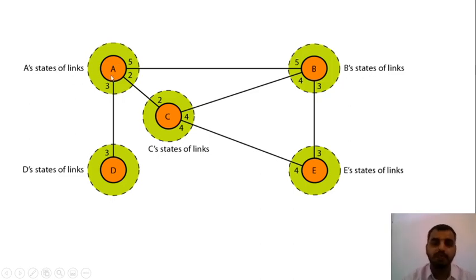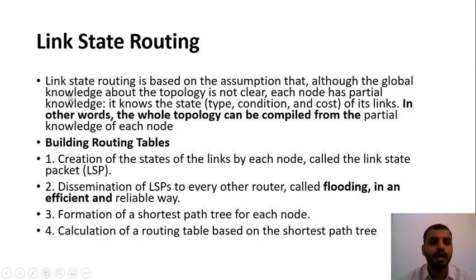So this will help router 1 to communicate with routers D, C, B and E, and it will also know the shortest path to reach other routers, including the topology that is being used. So this is what we call link state routing.